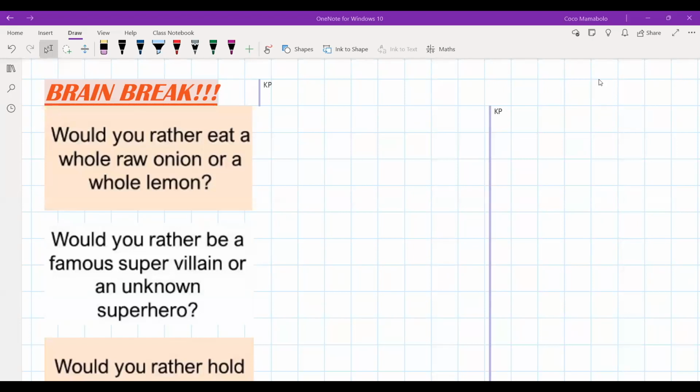Oh, okay. Whole lemon. Okay. And somebody's like, I ate one just the other day. Yesterday. I feel like for health reasons, the ugly tasting stuff is always the better stuff for you. I would try the onion. I don't know why.